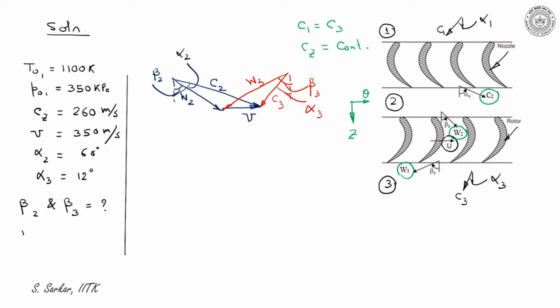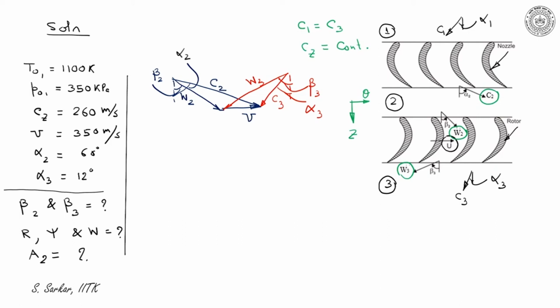Then we'll have to calculate R, degree of reaction, Xi, blade loading coefficient, and work output W. And finally, A2, cross-sectional area of the nozzle at exit. So these are the quantities we'll have to evaluate.